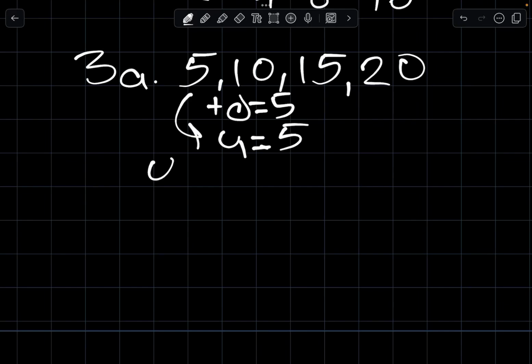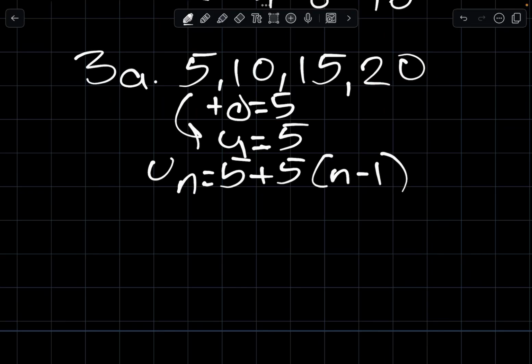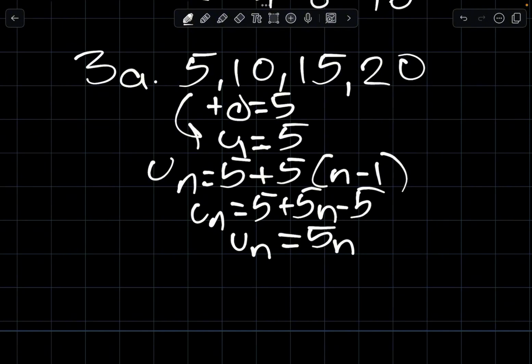So then we get u_n is equal to 5 plus 5(n minus 1). The funny thing is, this ends up simplifying to 5 plus 5n minus 5, which is just equal to 5n. Just like that.